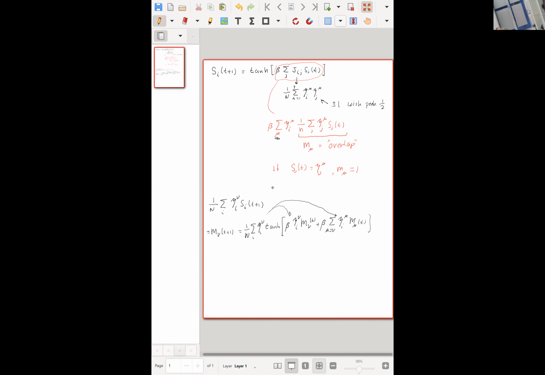So m^nu of t plus 1 equals 1 over n, the sum on i of tanh of beta m^nu of t plus beta, the sum over mu not equal to nu of eta_i^nu eta_i^mu m^mu of t.